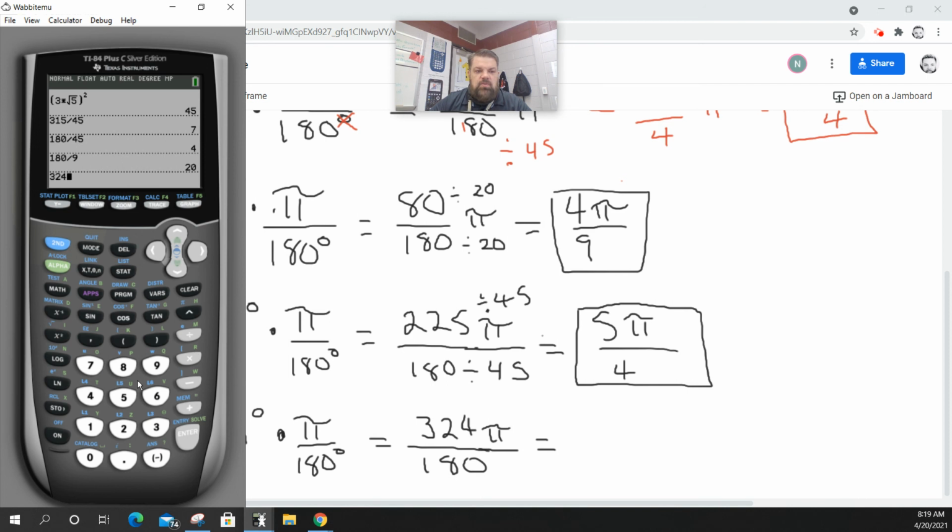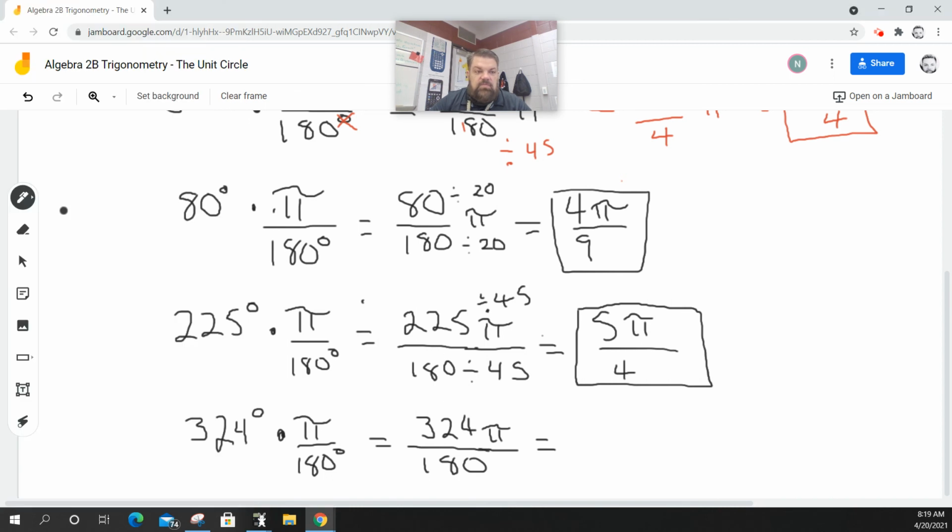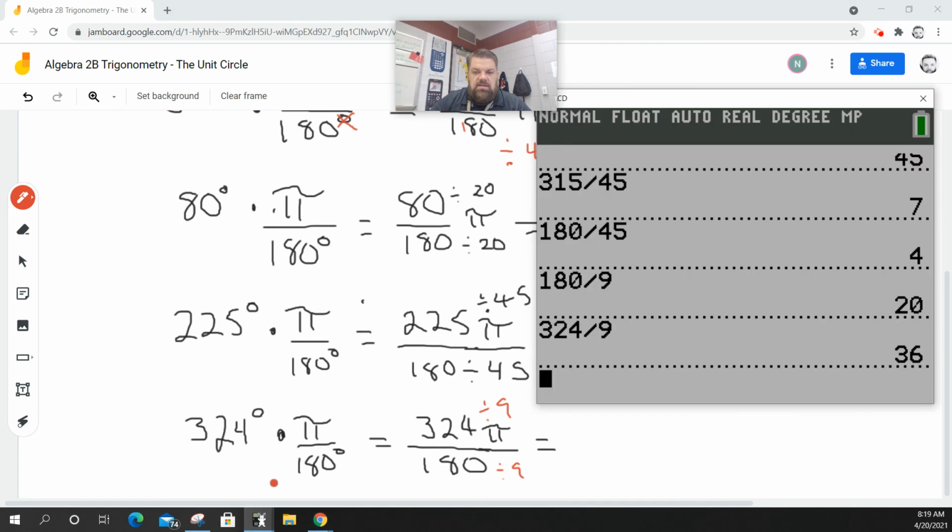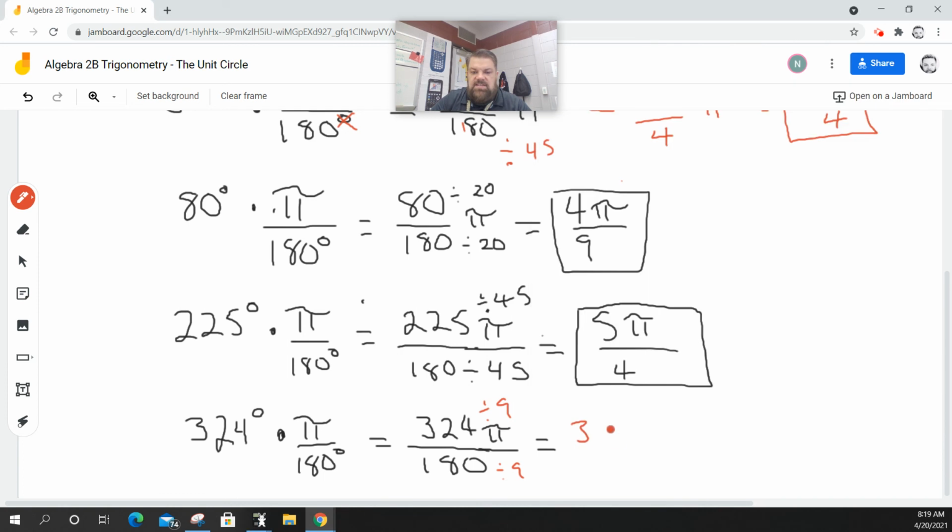Let me see if 324 is divisible by 9. Yeah, it is. So what I'm going to do is divide this by 9 and divide this by 9. 324 divided by 9 is 36, and 180 divided by 9 is 20. So this then becomes 36 over 20. So we got 36 pi over 20.